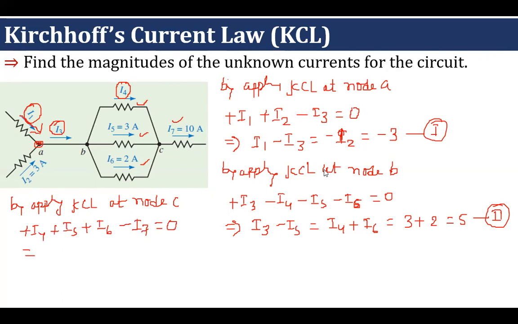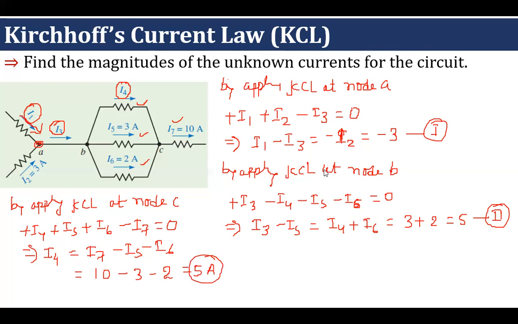Here I4 is the only unknown quantity, so I4 will be equal to I7 minus I5 minus I6. What is the value of I7? It is 10, minus I5 equal to 3 and I6 equal to 2. So this is going to be 5 ampere plus 5 ampere. We got I4 equal to plus 5 ampere.